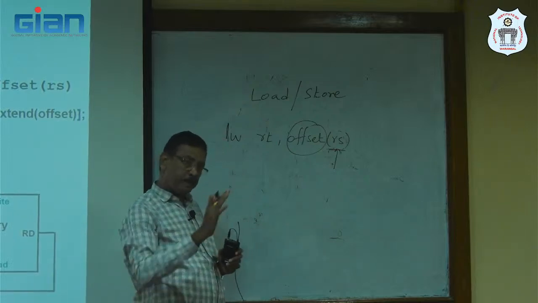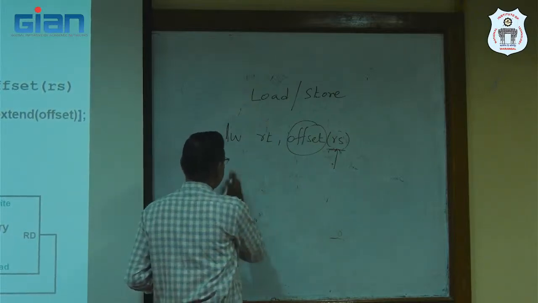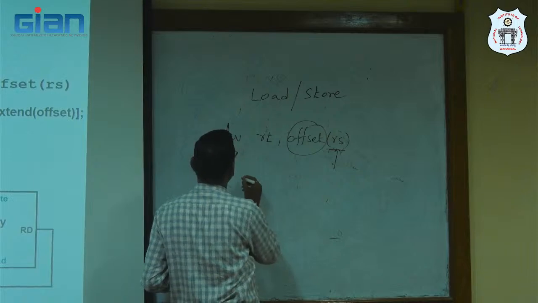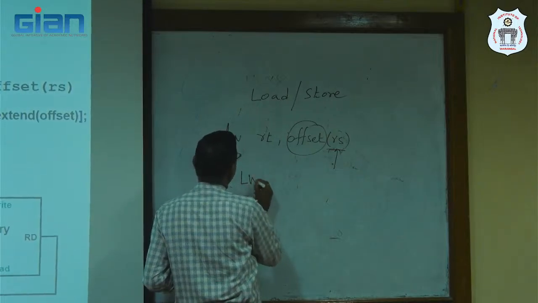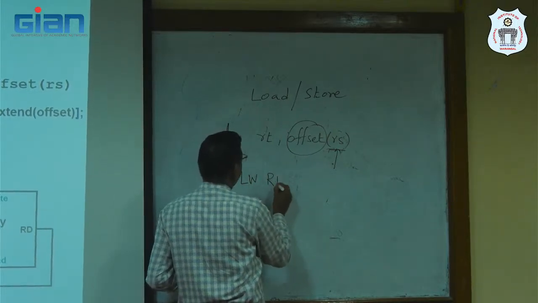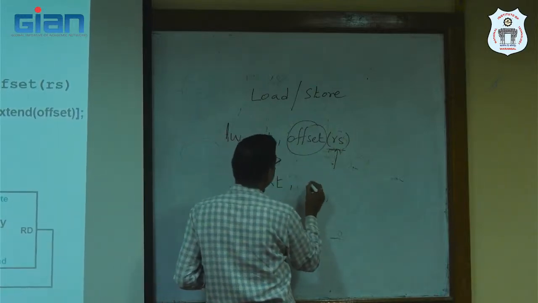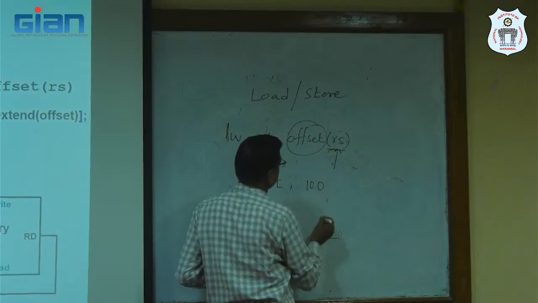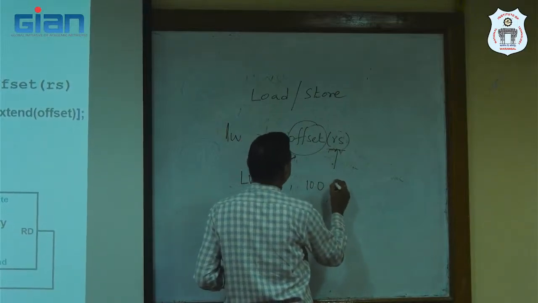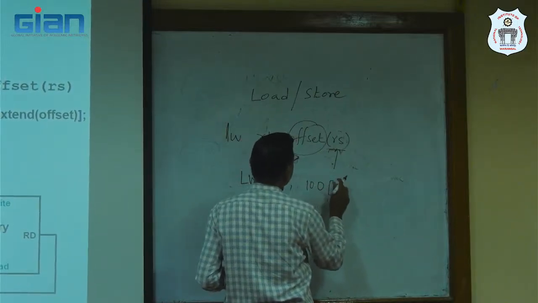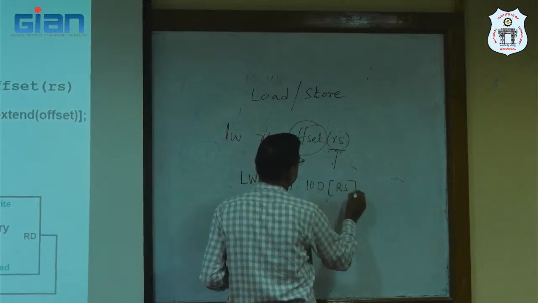Offset means displacement address. Let me give you one example so that you can understand. LW RT, then offset is, let us say, some 100, then RS.